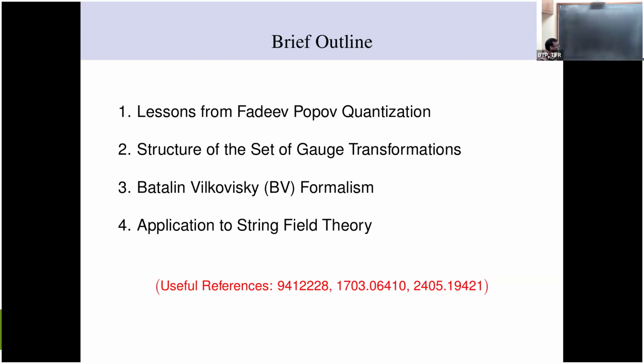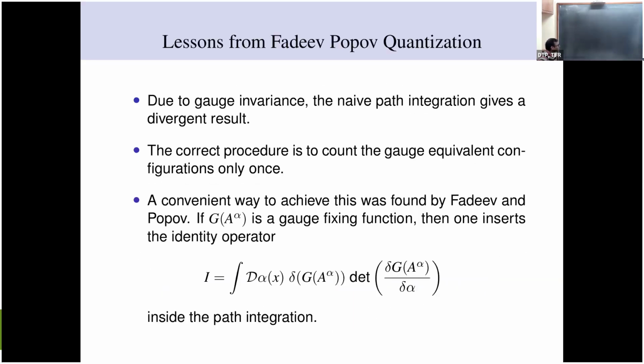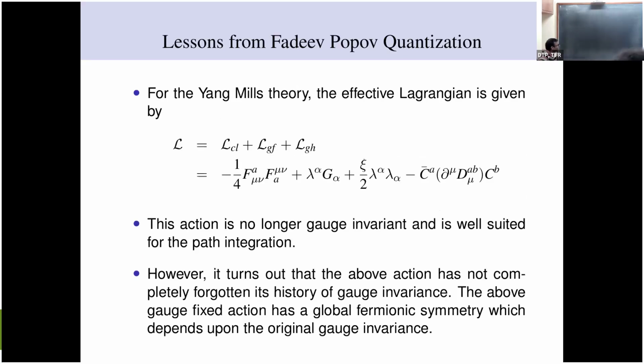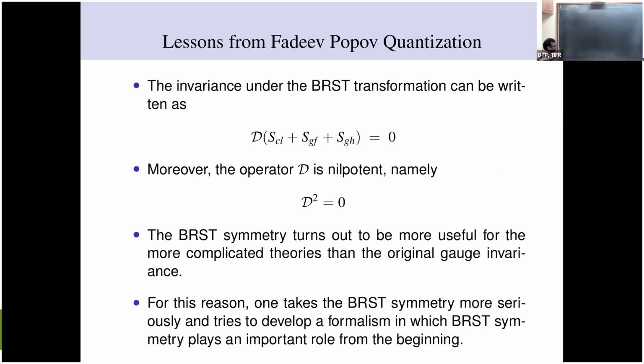What we can learn from the standard Faddeev-Popov quantization. The main point I wanted to convey in this part was that we have a gauge symmetry, we do Faddeev-Popov quantization, we gauge fix, and that's it. But then a new symmetry emerges, which is the BRST symmetry, which knows about the original gauge invariance.